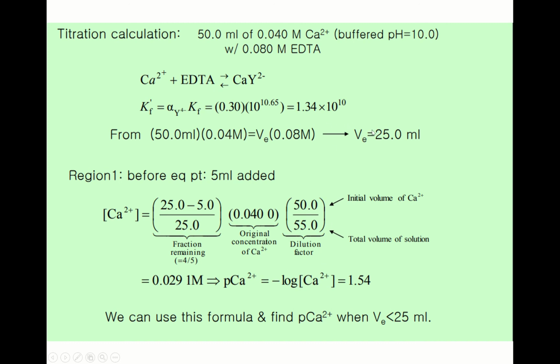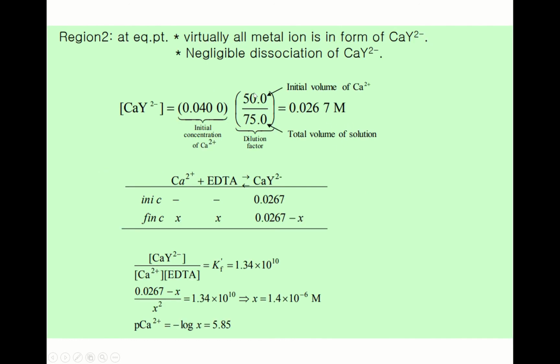Let's move on to the equivalence point, region 2. When 25 milliliters of EDTA is added, theoretically we reach the equivalence point. The calcium ion-EDTA complex concentration is simply half, oh, not half, I'm sorry.